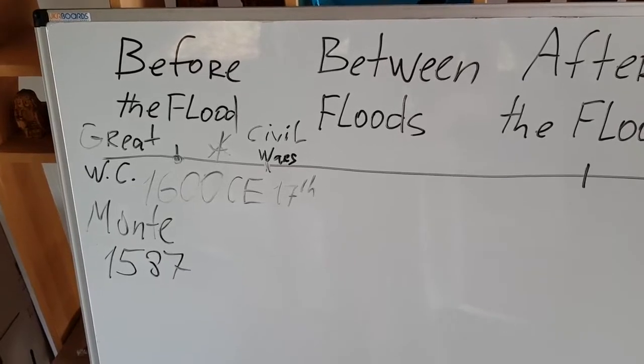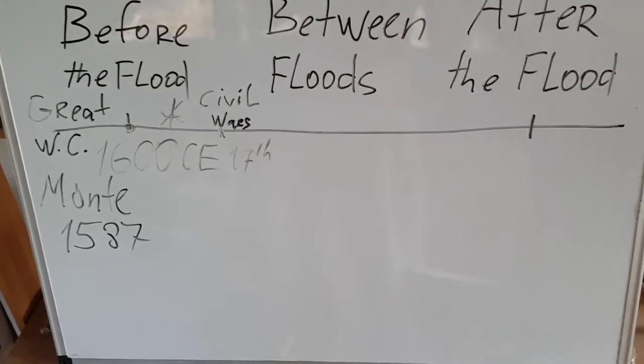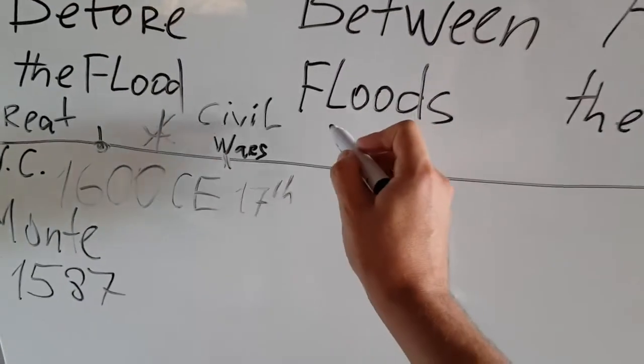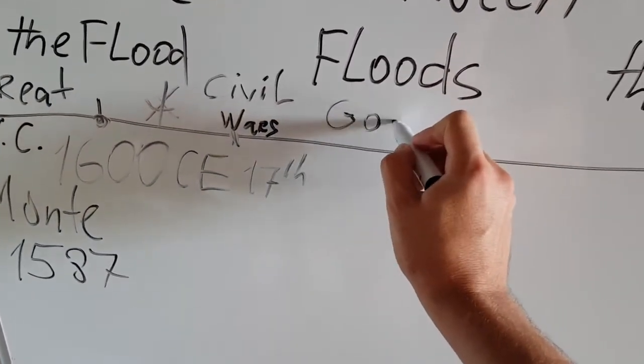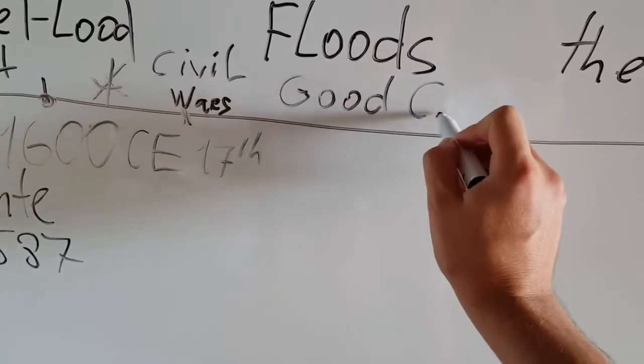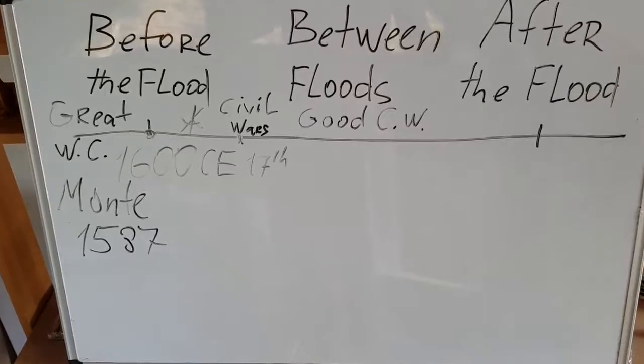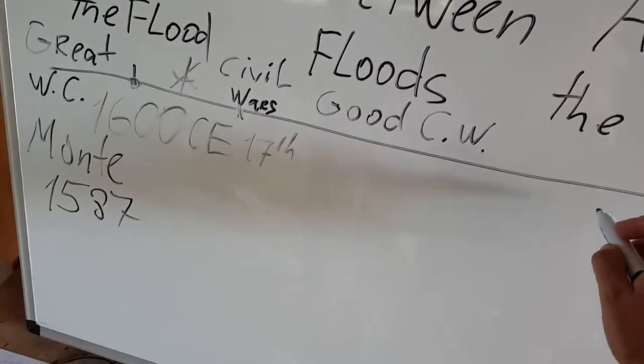They have to divide the land. They have to divide everything that's left over. So you have a period of civil wars. Then you have what's called the good civilization of the world. And this lasted up until the second great flood.